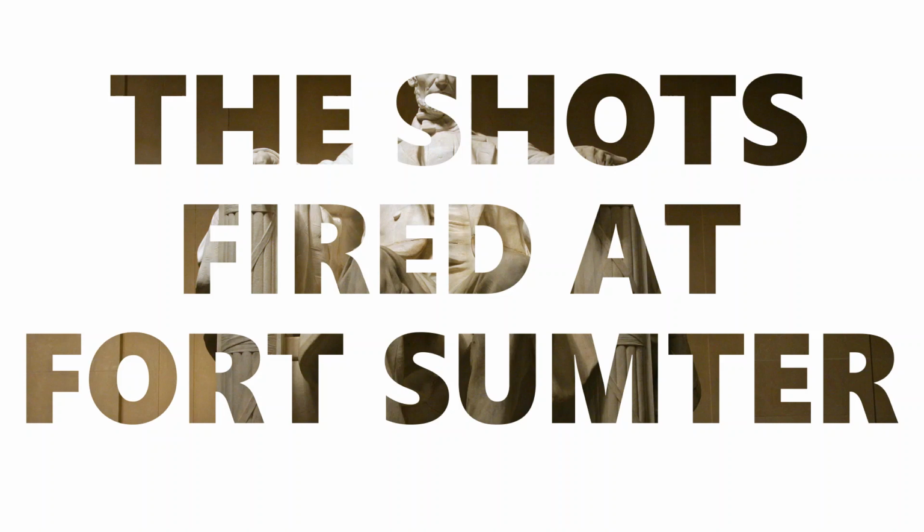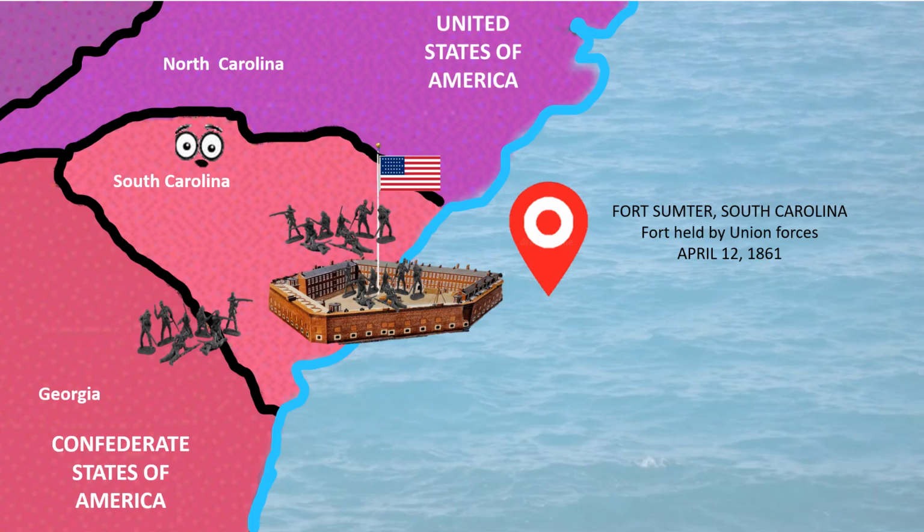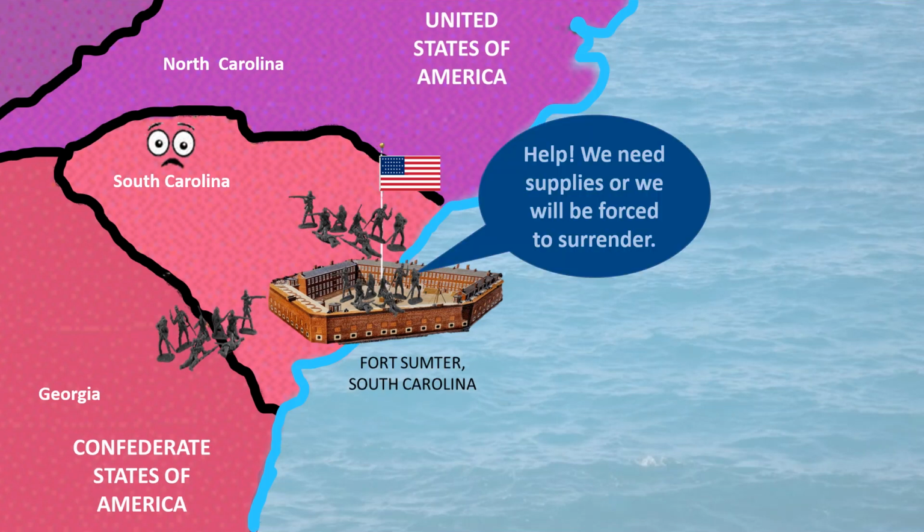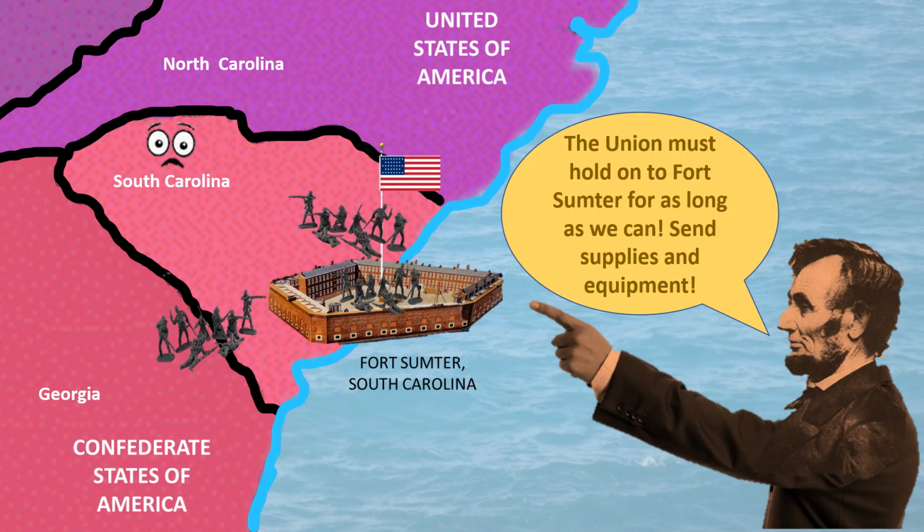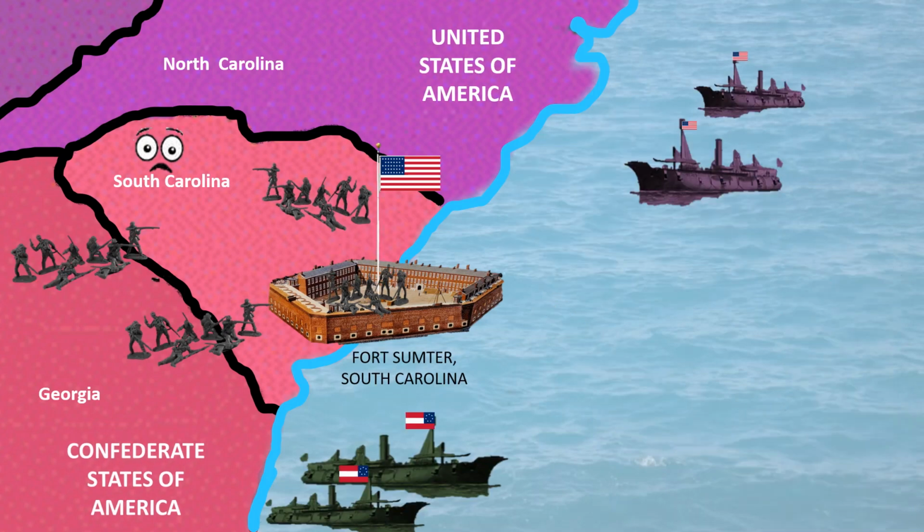The shots fired at Fort Sumter. Lincoln sent food and supplies to Fort Sumter, a federal fort in South Carolina. Confederate forces fired on the fort.